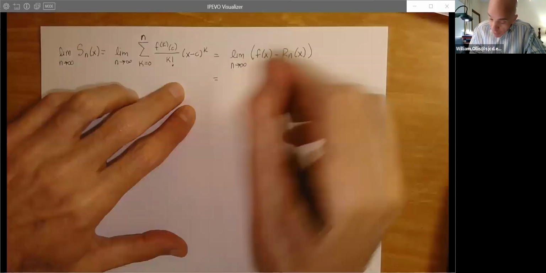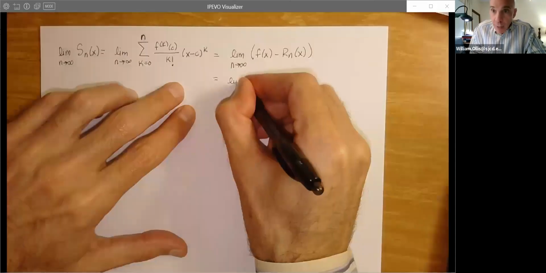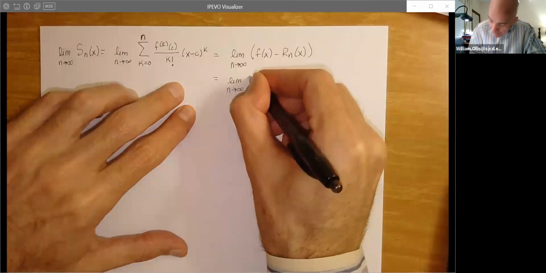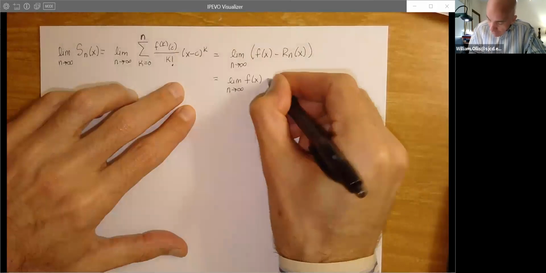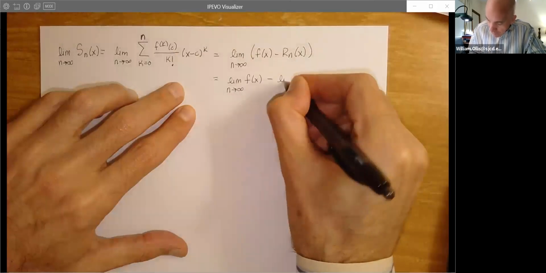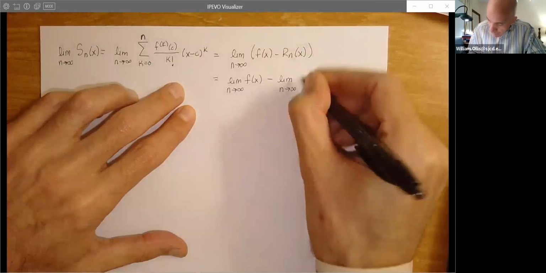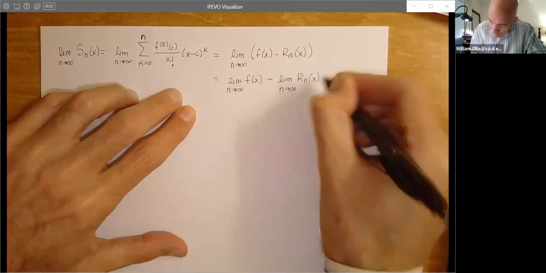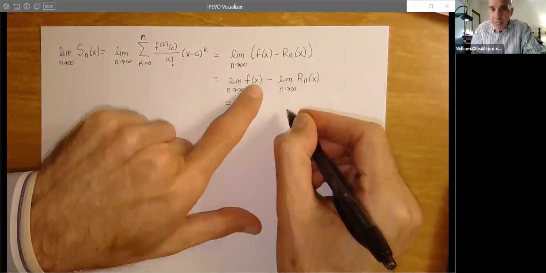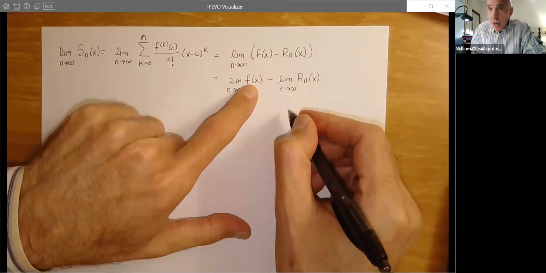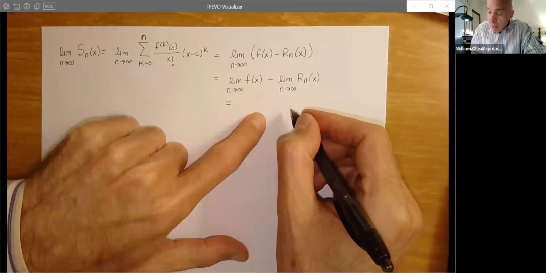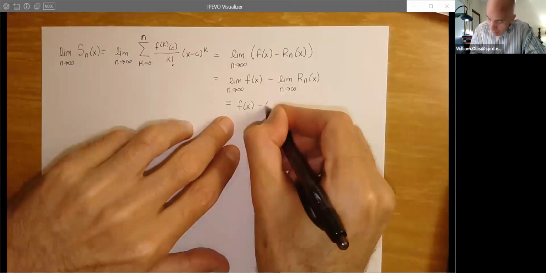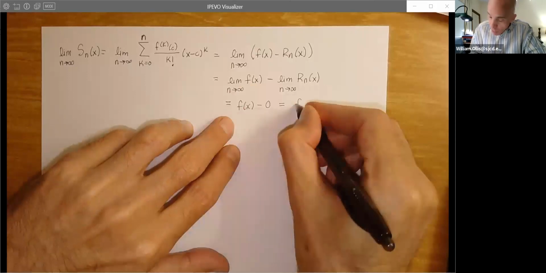This is just the limit of a difference or a sum, so we can break it up. But now, of course, the f of x is independent of n, so this is just a constant relative to n. And then by hypothesis, this is 0. So f of x minus 0 is f of x.